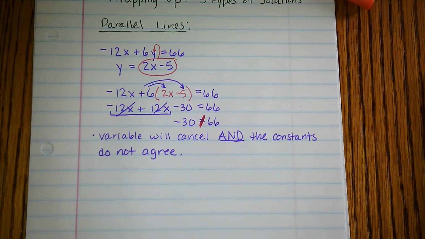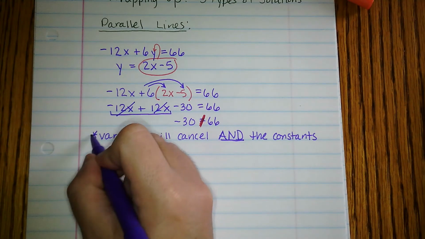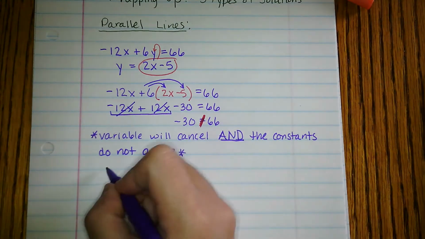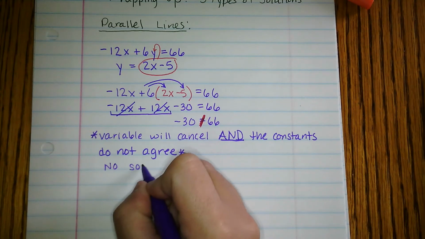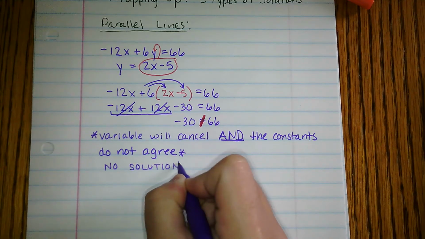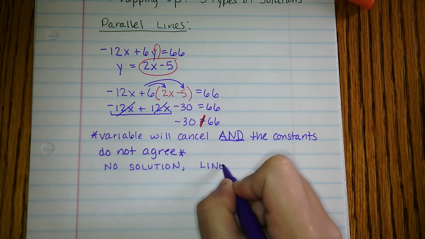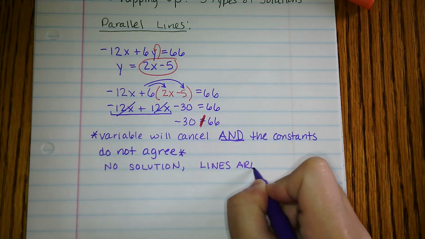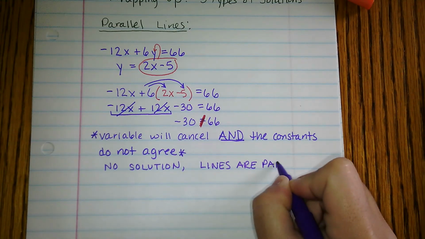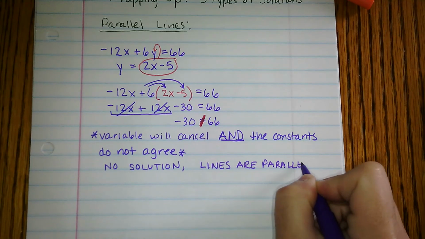This tells me algebraically that there is no solution to the system and that the lines are parallel. Parallel lines are the only ones with no solution because that means they can't touch.